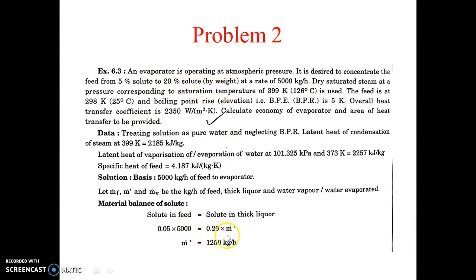So 20 divided by 100 multiplied by m dot. This is the quantity of thick liquor, or the feed rate of thick liquor, obtained from that evaporator. Solving this equation, we get m dot equal to 1250 kg per hour.